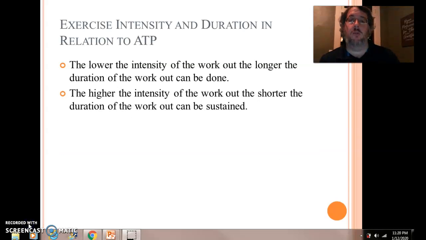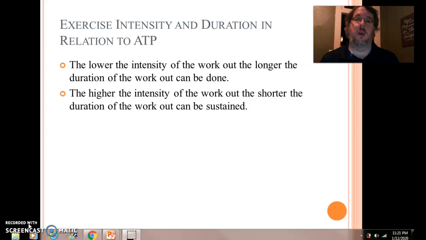You may be asking yourself, well, this is all interesting, but why is it important? It has to do with our body's ability to do work, and the intensity and duration that it can do that work. If you try to do a lower intensity activity, you're able to do more and do that activity for longer.